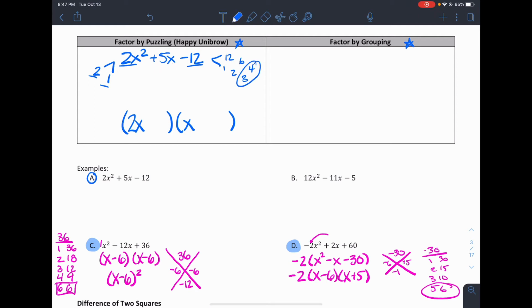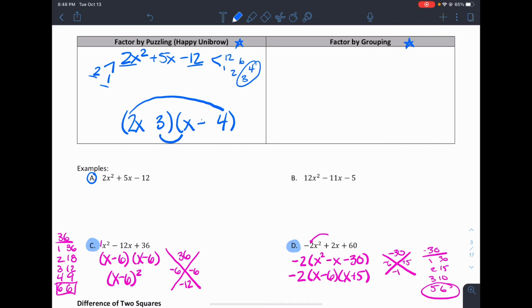So I'm picking this one right here, because the 4 times the 2 will give me 8, and then with 3, that can get me to 5. So I'm going to put 4 here, because I know it needs to multiply with the 2. Which means the 3 has to go here so it can multiply with the x.